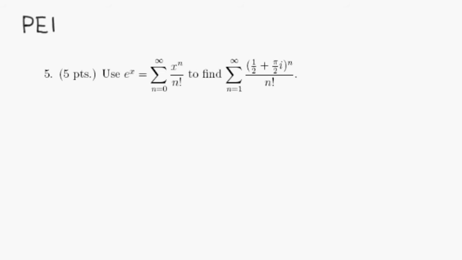All right, let's look at practice exam 1, problem number 5. We want to use the power series of e to the x to find the value of this expression here.